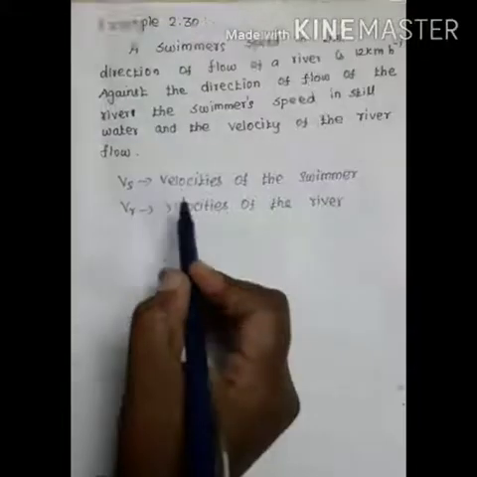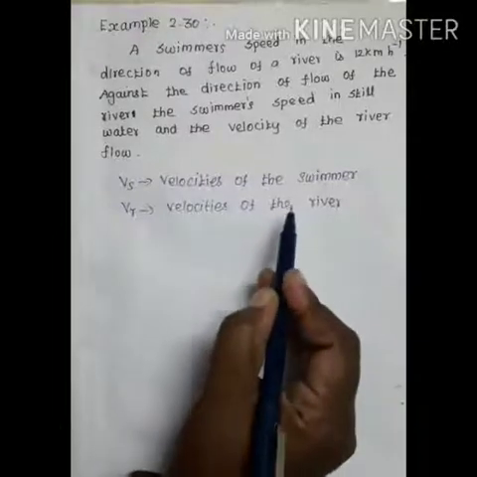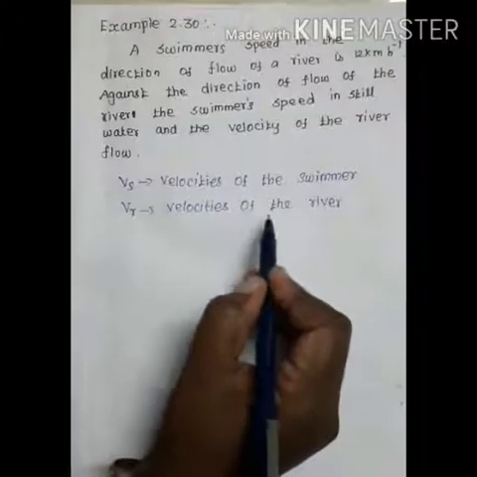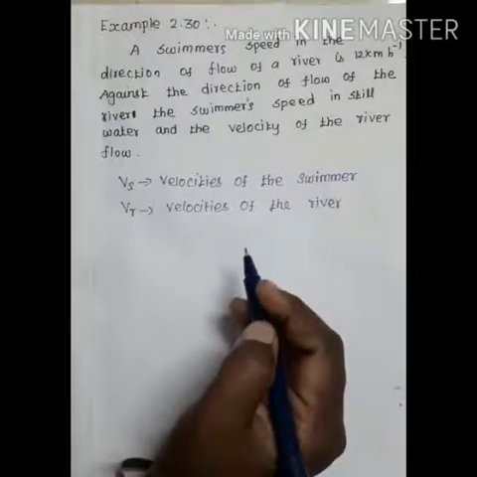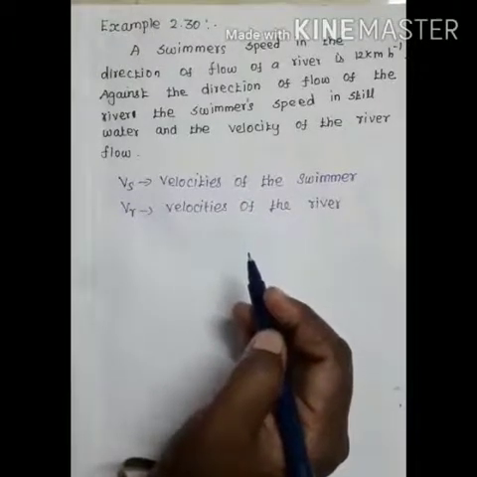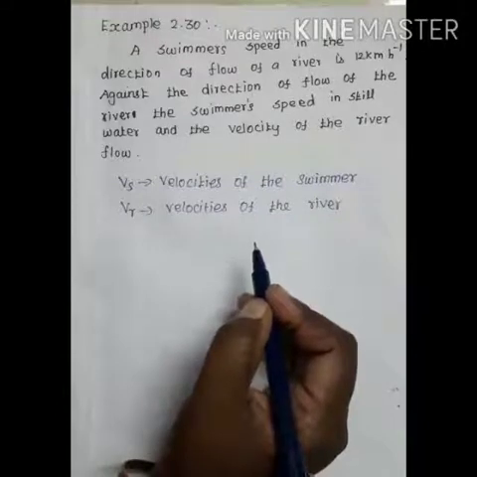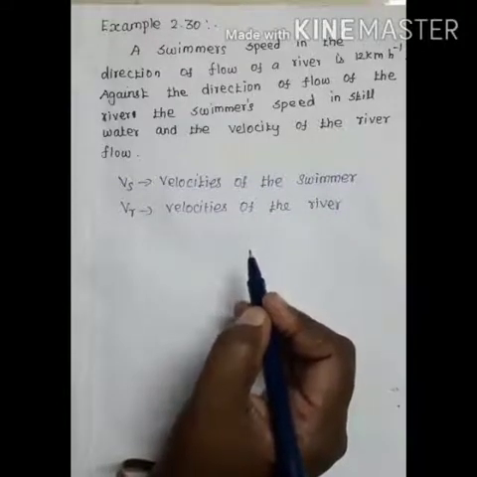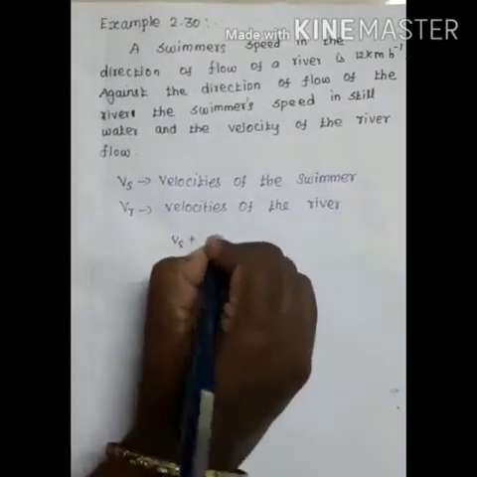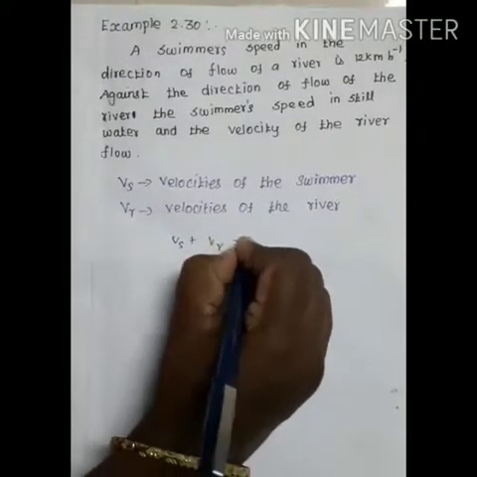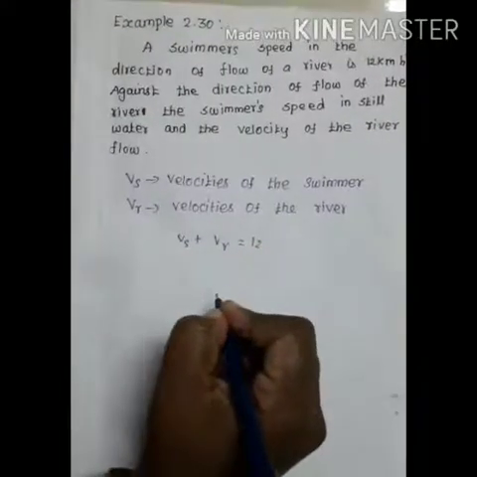Let V of S be the velocity of the swimmer, and V of R the velocity of the river with respect to the ground. The swimmer's speed in the direction of flow is 12 km/h. Therefore, V of S plus V of R is equal to 12 km/h.